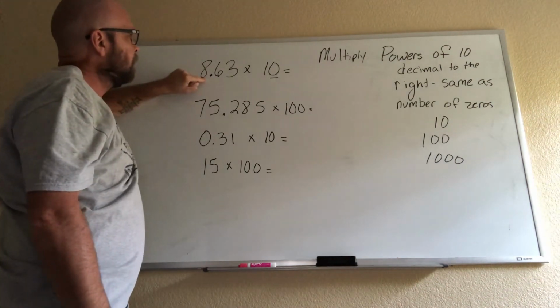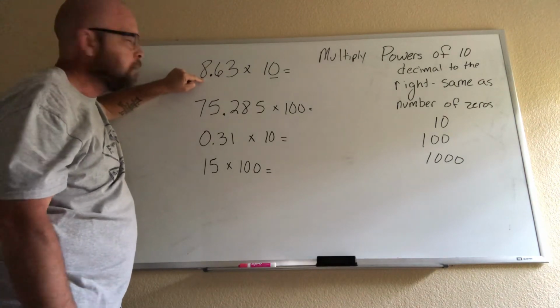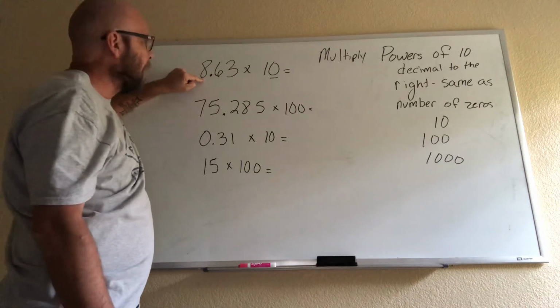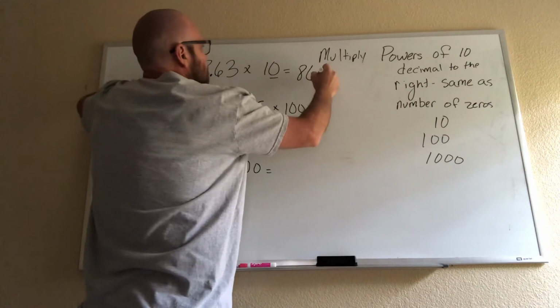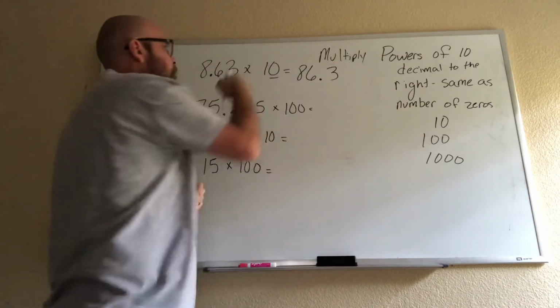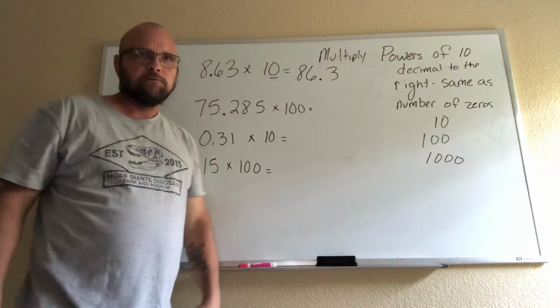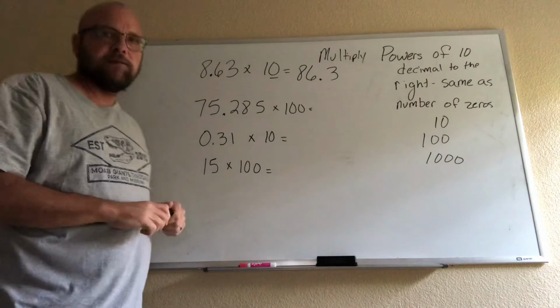So if I just look at the whole number, 8 times 10 is 80, so I need my answer to be somewhere around 80. And I move my decimal point one place to the right, so it's close to my answer. 86 3/10.